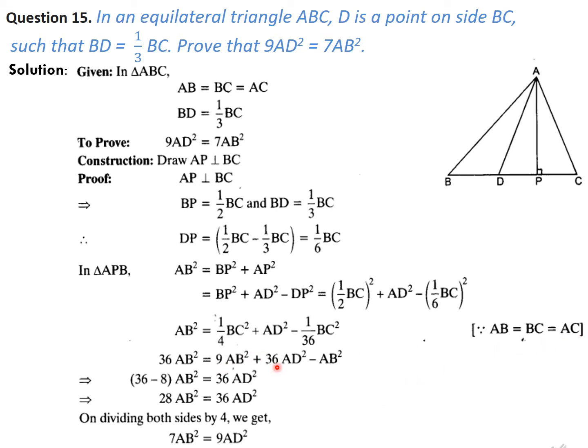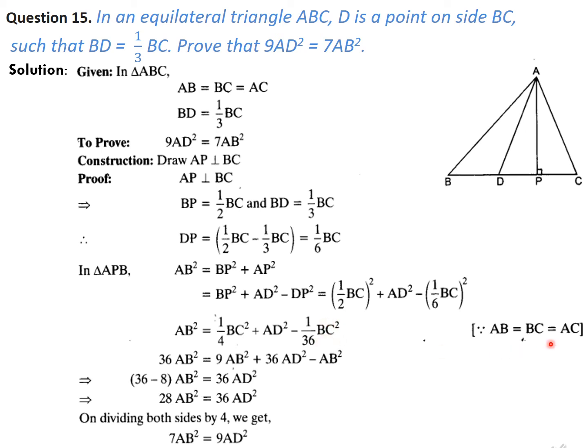So we can write over here that taking the LCM, 36 AB square is equal to 9 AB square. So we have written BC in terms of AB as they are equal, as it is an equilateral triangle. So 9 AB square, if we take the LCM, we'll get 9 BC square, that will be equal to 9 AB square plus 36 AD square minus BC square.